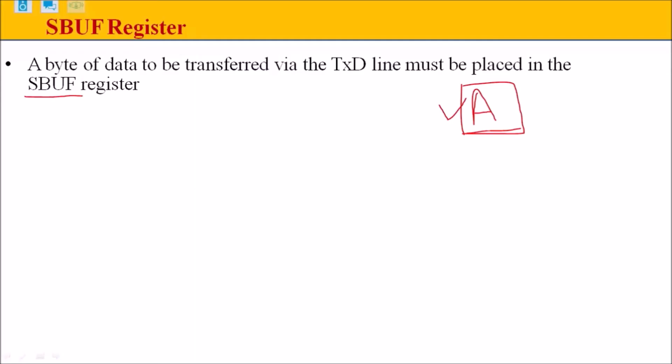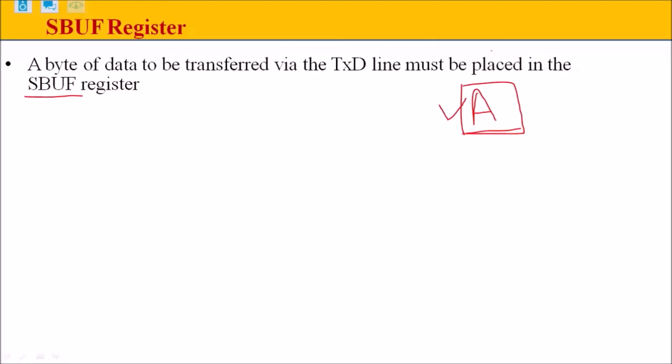Whenever the user stores the ASCII value of any character in the buffer register, the UART block will convert this ASCII value into a data frame and automatically start transmitting one bit at a time.